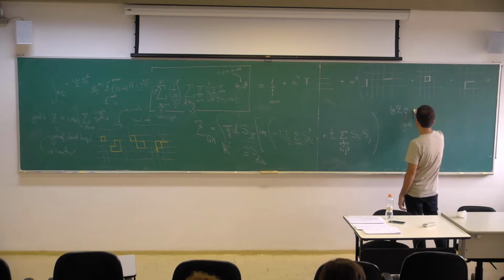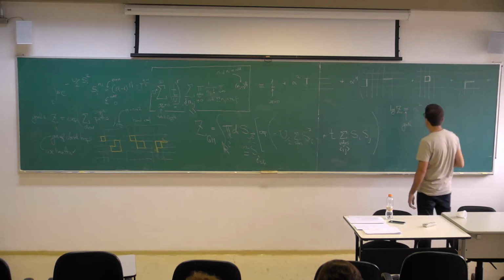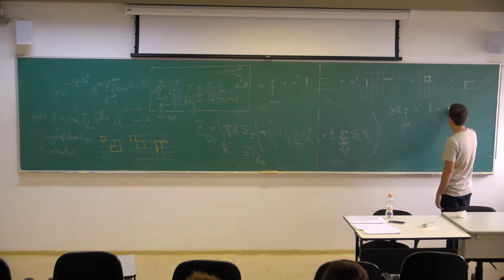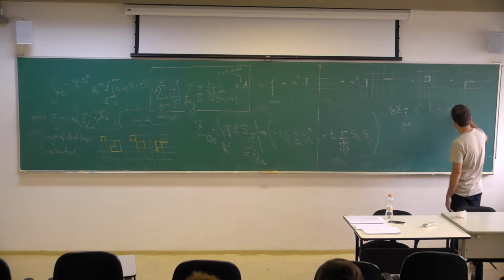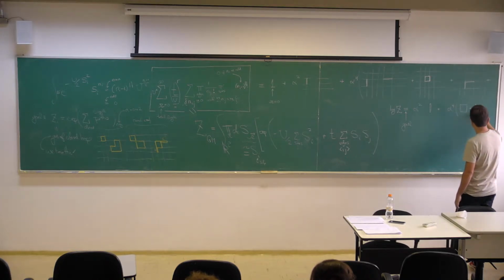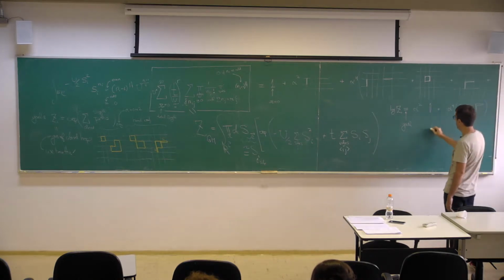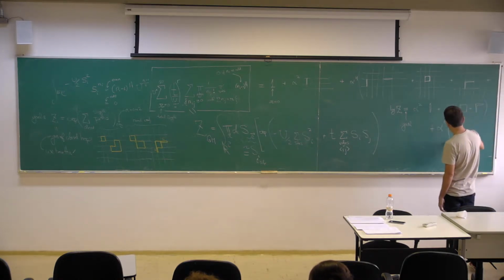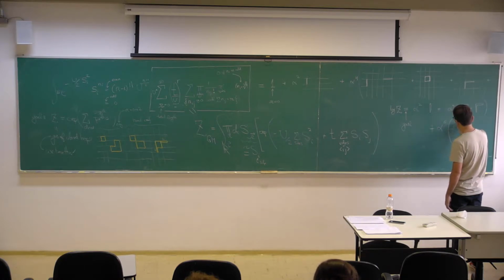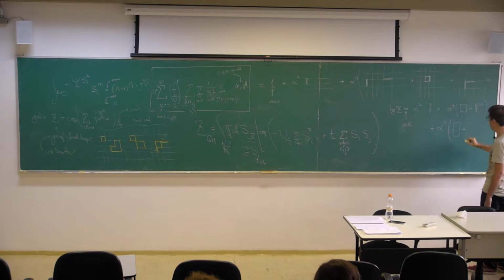So we'd like to show that this is like alpha squared times a single loop, plus alpha to the 4 times this loop plus this loop, plus alpha to the 6 times this loop plus, let's see, help me out here, plus like this.